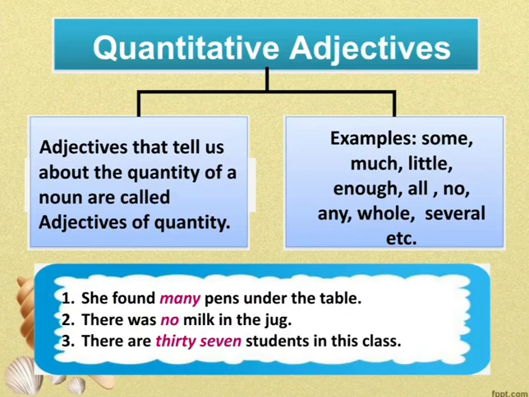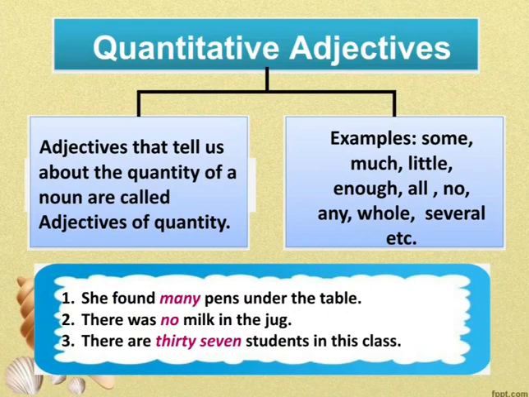So here we are talking about quantity. In any sentence, if a quantity is being mentioned, then it's a quantitative adjective. In this we are talking about pens, and how many pens are we talking about? Many. So many is a quantitative adjective.